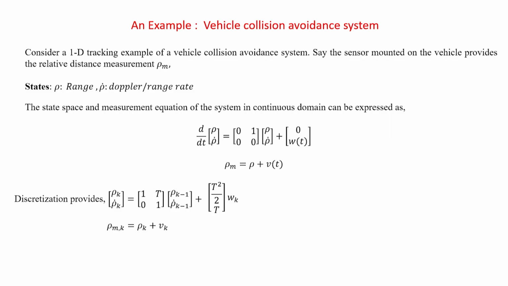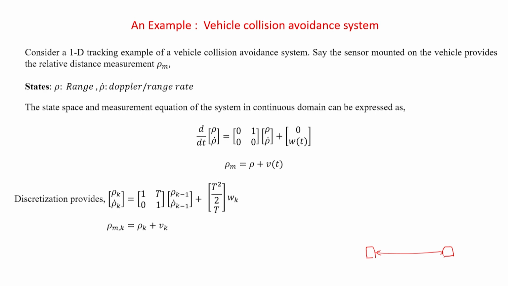I am naming the vehicle where the sensor is mounted the ego vehicle. Let us use this terminology. The ego vehicle, with the sensor mounted on it, is looking at the preceding vehicle, say. There is another preceding vehicle. So, this is your vehicle, this is a preceding vehicle. When you want to design a collision avoidance system, you will have two states.